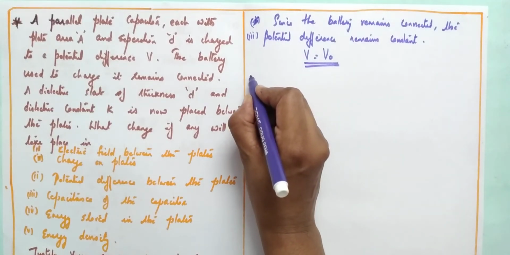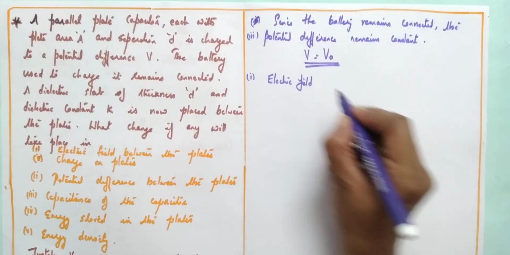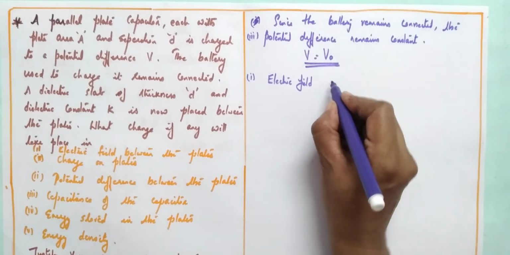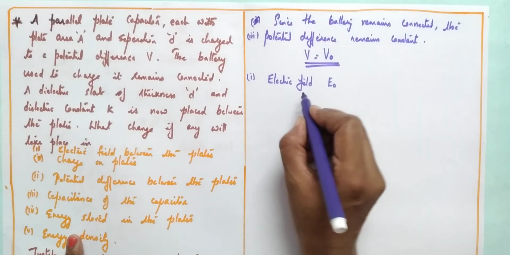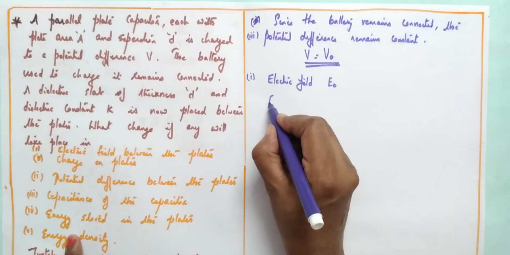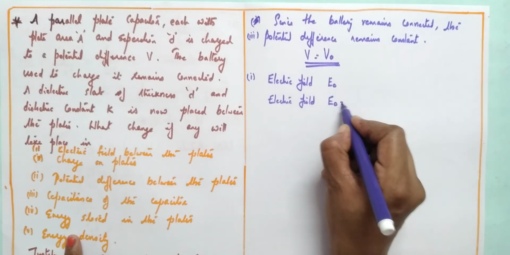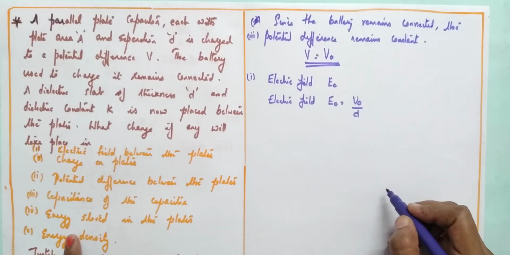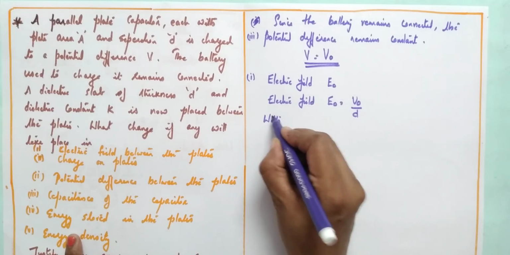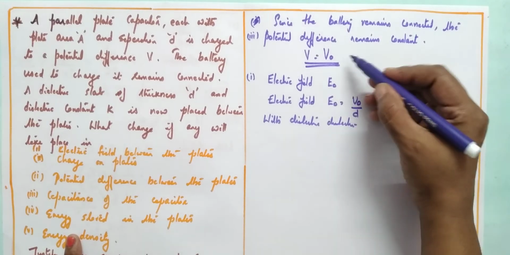Now, if the potential difference remains constant, what happens to the electric field? The initial electric field is E0, and the relation between electric field and potential difference is E0 equals V0 divided by D. With the dielectric, what happens to the potential difference?